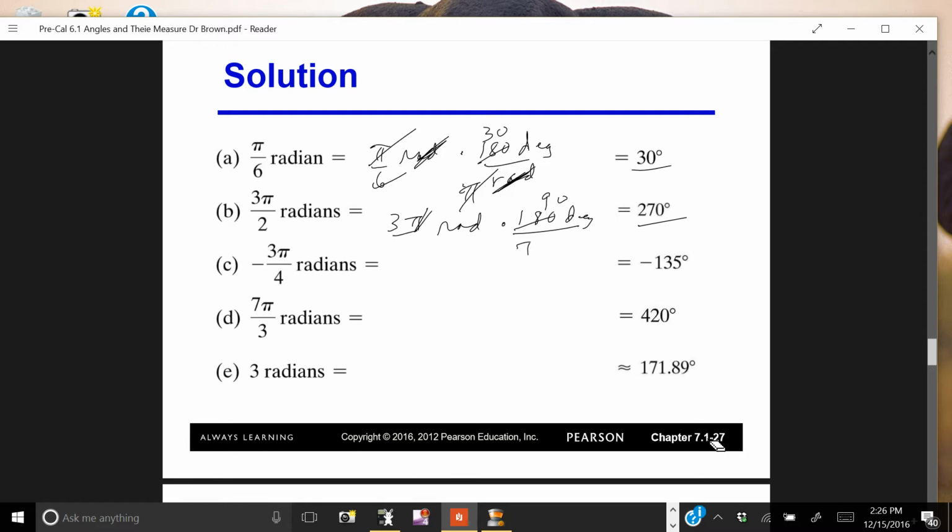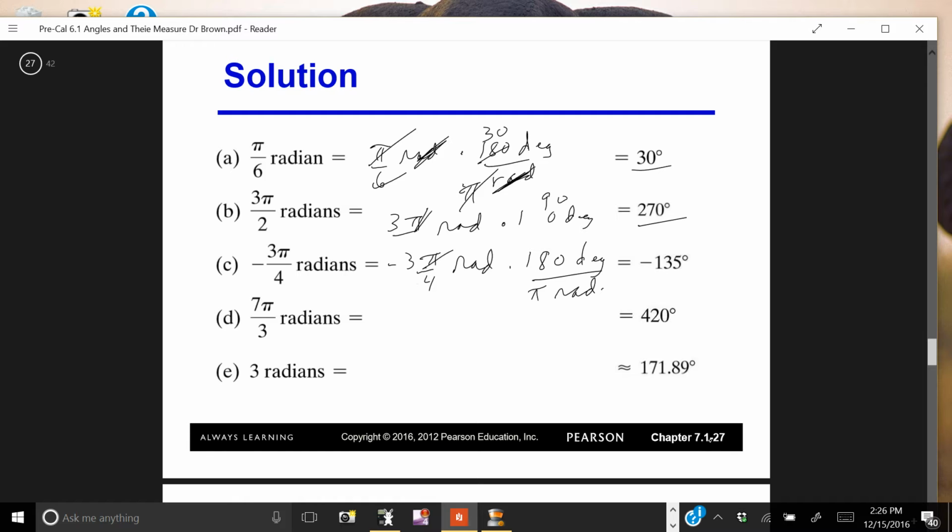Let me erase a little bit of this to give some room. Converting minus 3 pi over 4 radians to degrees, we get minus 3 pi over 4 radians times 180 degrees per pi radians.